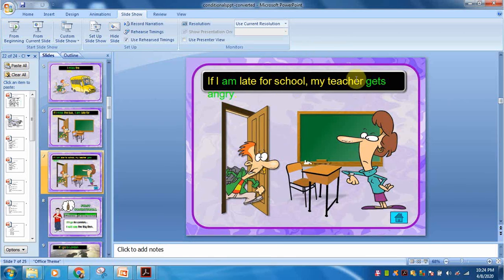If you have the if clause in the beginning, as in this statement, this comma is there to separate the two clauses. But if you have the main clause in the beginning, for example, if I say, my teacher gets angry.